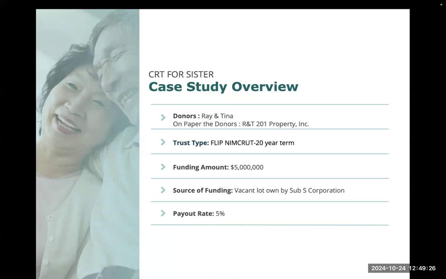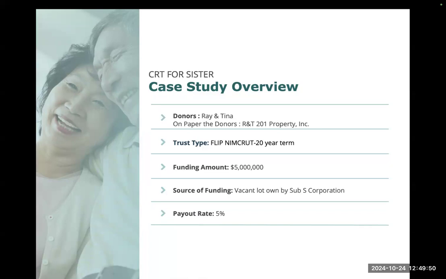So I thought, okay, I had read about the fact that a sub S could actually be the donor, and it could donate underlying assets from the sub S to a CRT. And then of course, a sub S is not a living person. So the longest you can set that up for is for a term of 20 years, not to exceed 20 years.